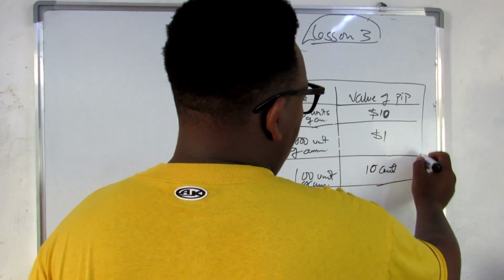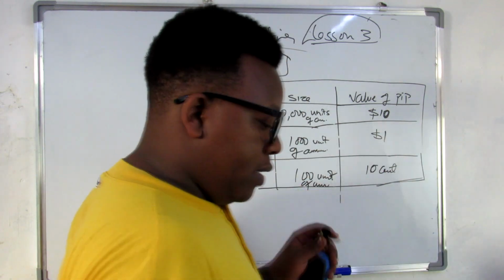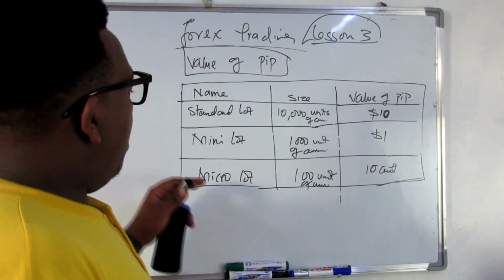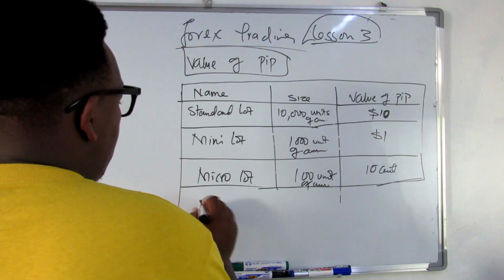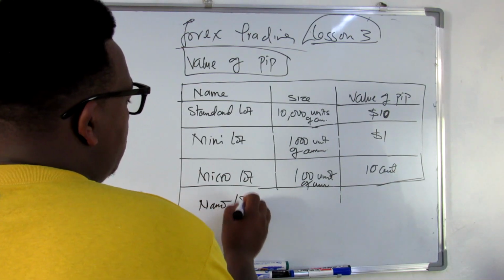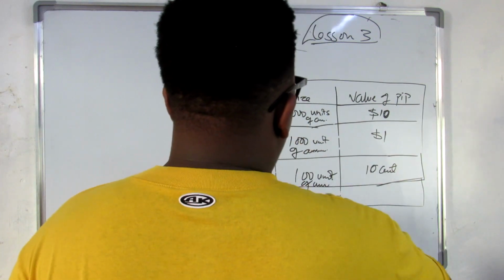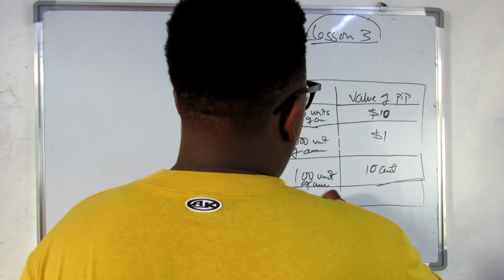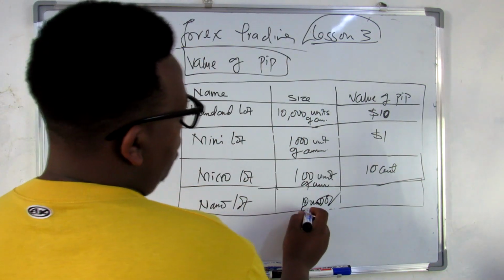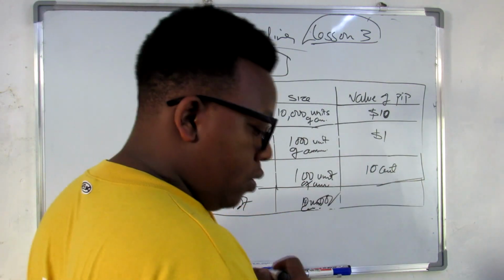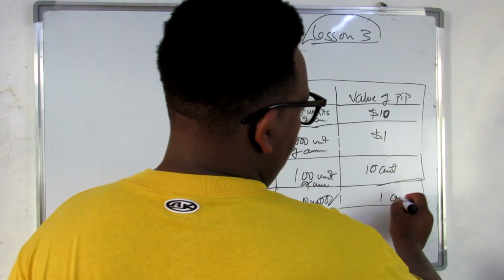From micro lot, we also have the nano lot. This one is very small, so it's not that popular. It goes with 10 units of currency, and it goes with 1 cent.